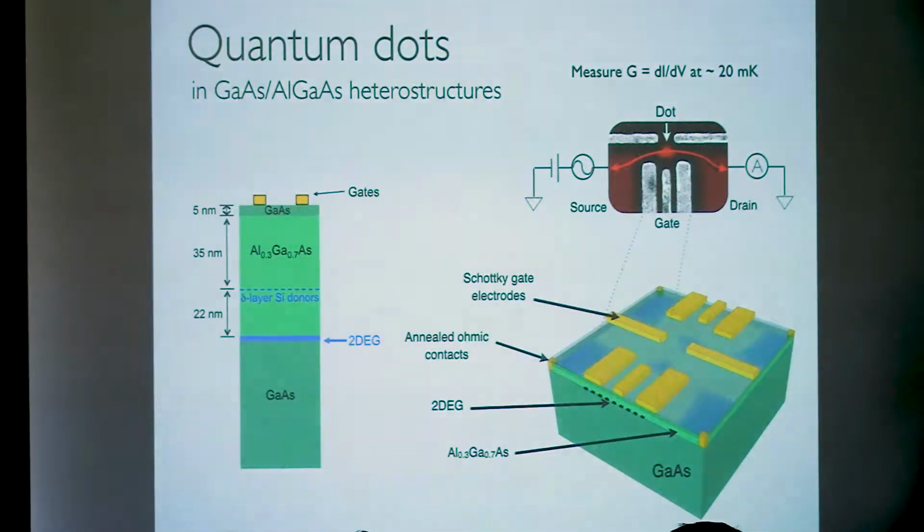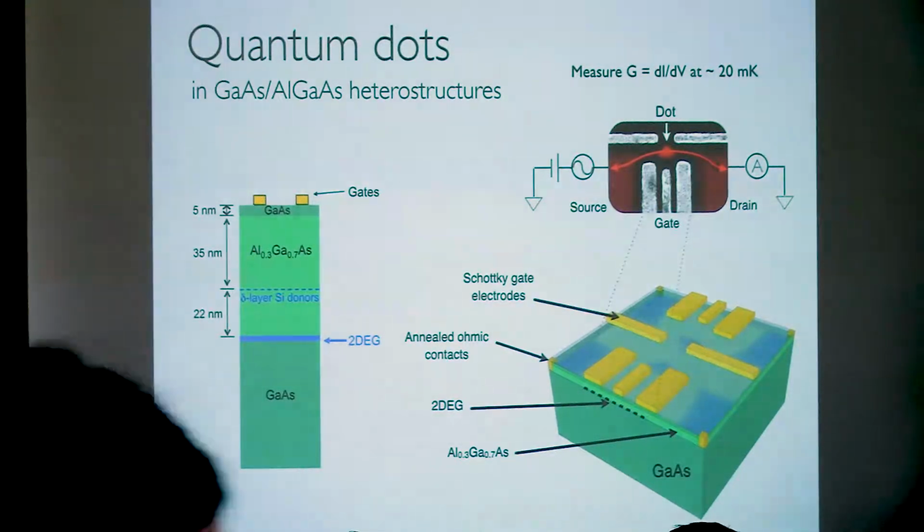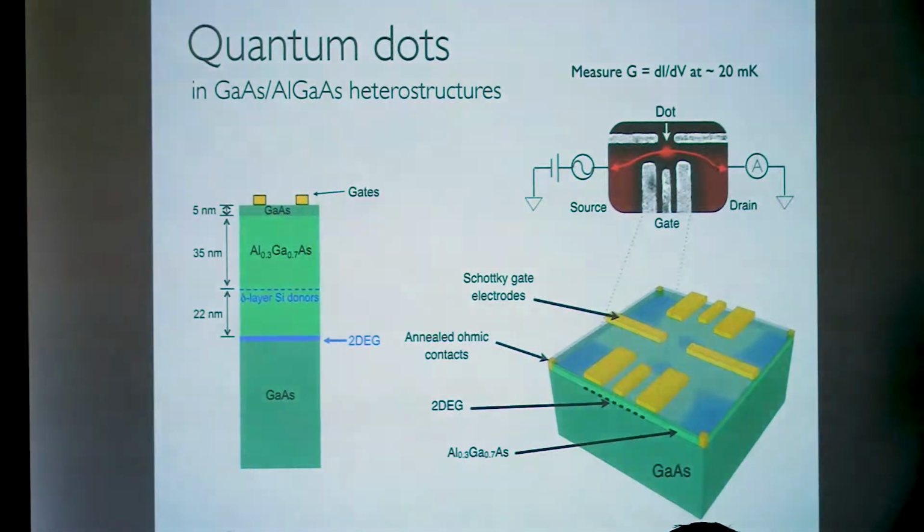The system we're going to use to realize this effect is a quantum dot in a gallium arsenide heterostructure. I think these have been around for quite a while now, so the bar to do new things with them gets higher all the time. But you can pattern very complicated devices using electron beam lithography to define gate electrodes on the surface of these heterostructures.